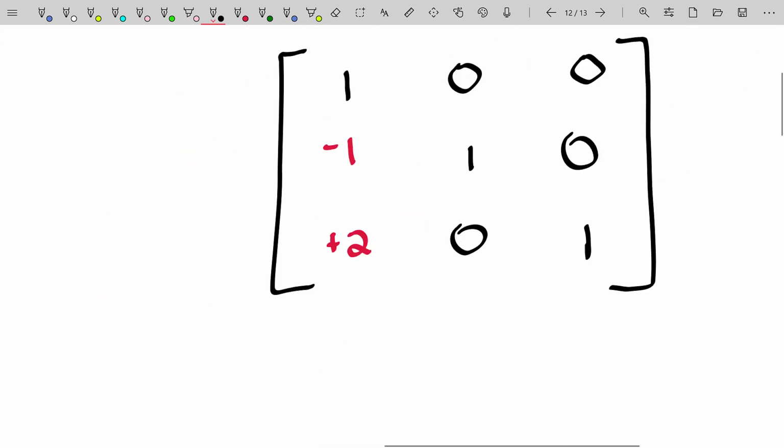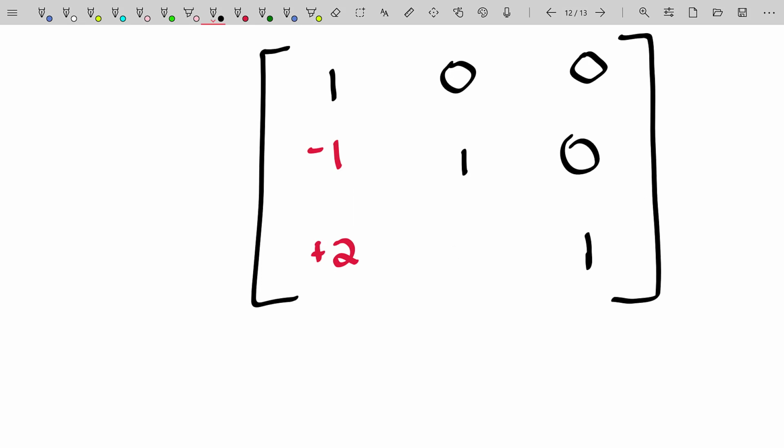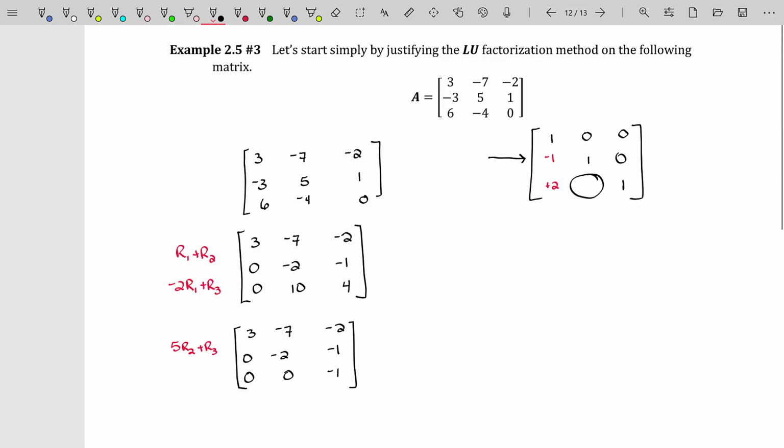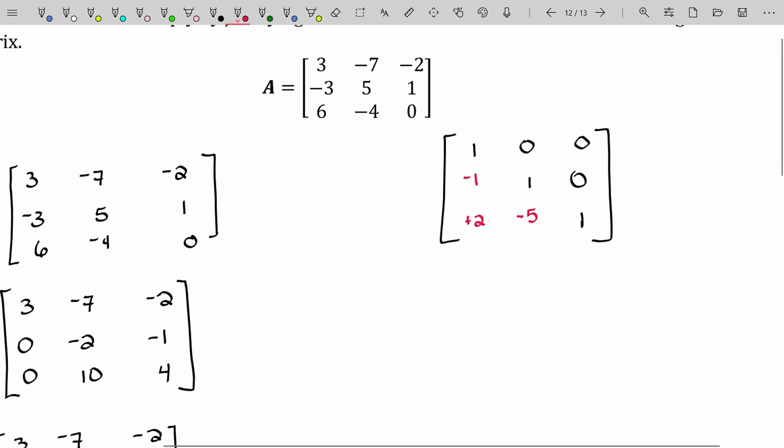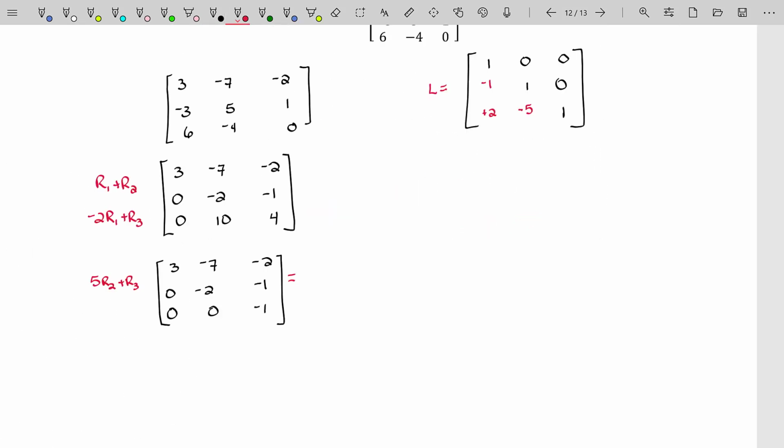A negative 5 times row 2 added to row 3. And notice I'm not multiplying this entire row by it. I'm only affecting what's right here below this pivot. So I'll take negative 5, that's what it was, right? Yeah, negative 5 times that one and add it into that spot right there. That, folks, is L, and that is U.